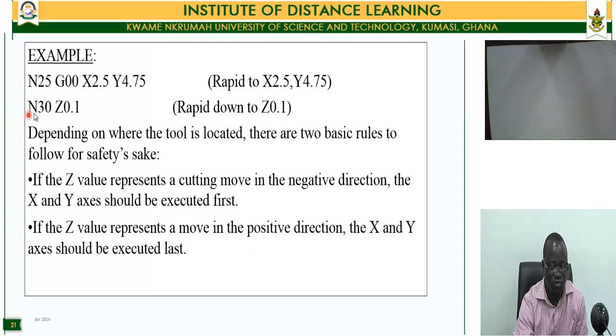So you have a tool in this position and you want to move it away. The Z movement will be executed first, clearing off the workpiece, before the X and Y movement, which is the horizontal plane movement. But if you move the tool horizontally first, then you are likely to have a situation where you could jam or cause an accident by breaking the tool. So that should be taken note of.